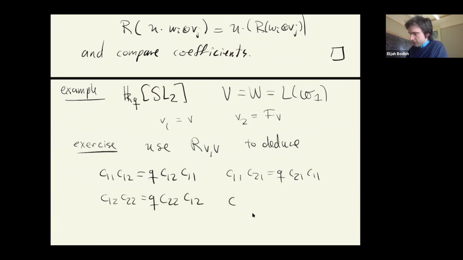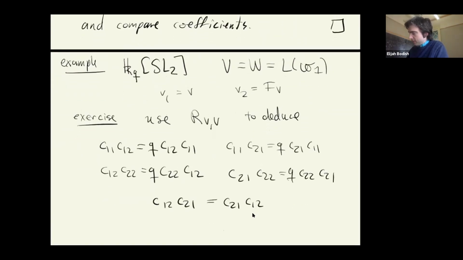I have C21 C22 is q C22 C21. I have C12 C21 actually commutes with C21 C12. And I have C11 C22 minus C22 C11 is this q minus q inverse that's appearing everywhere always times C12 C21.